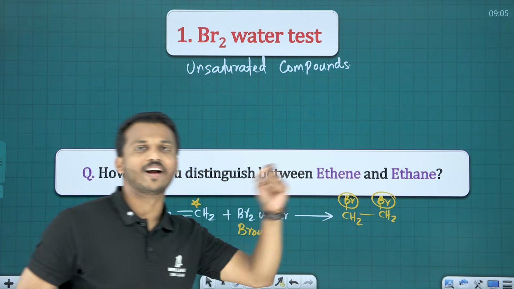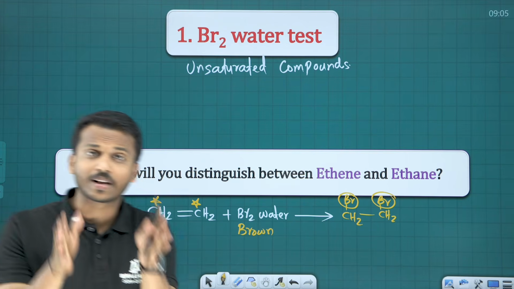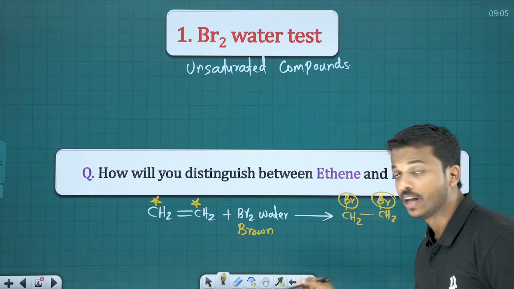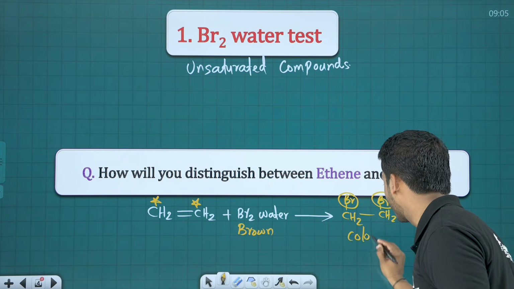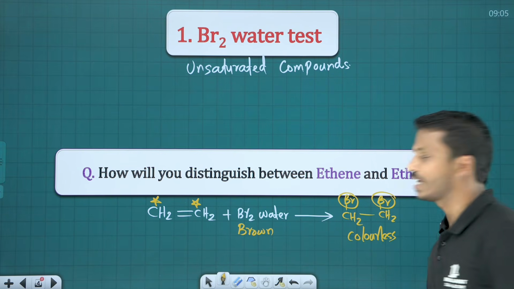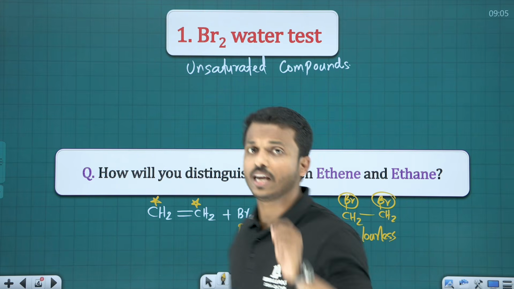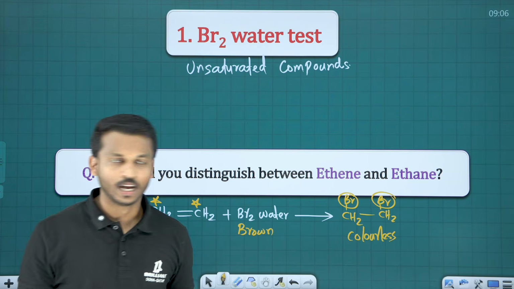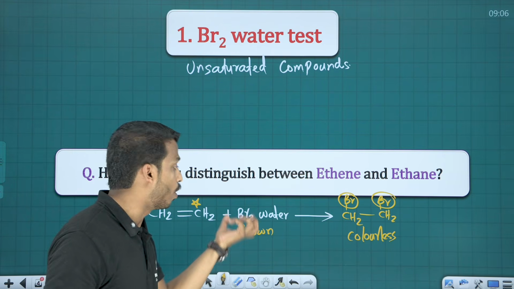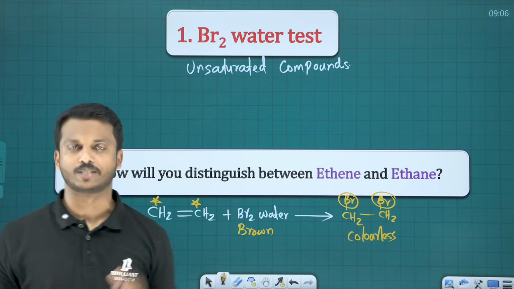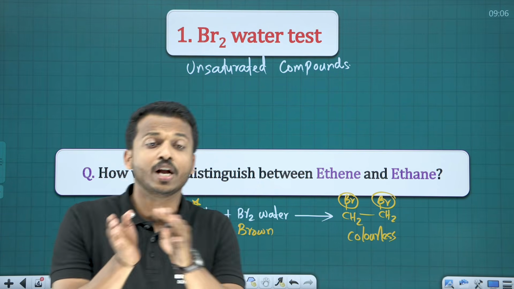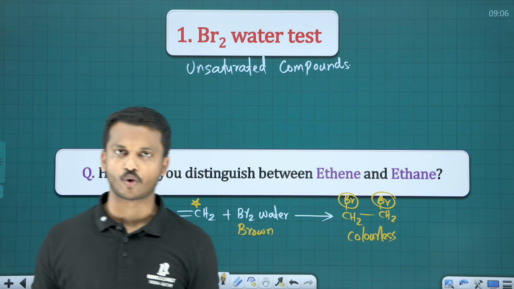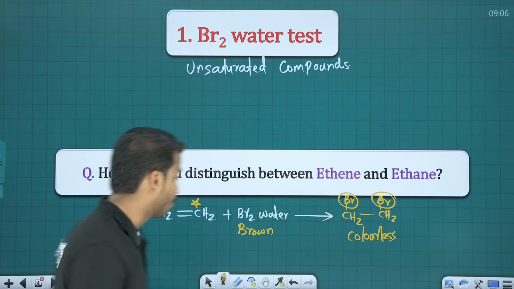So the product color is colorless. When an unsaturated compound reacts with bromine water, the brown color of the bromine water changes to colorless. If you see this color change, brown to colorless, you can be sure it is an unsaturated compound.